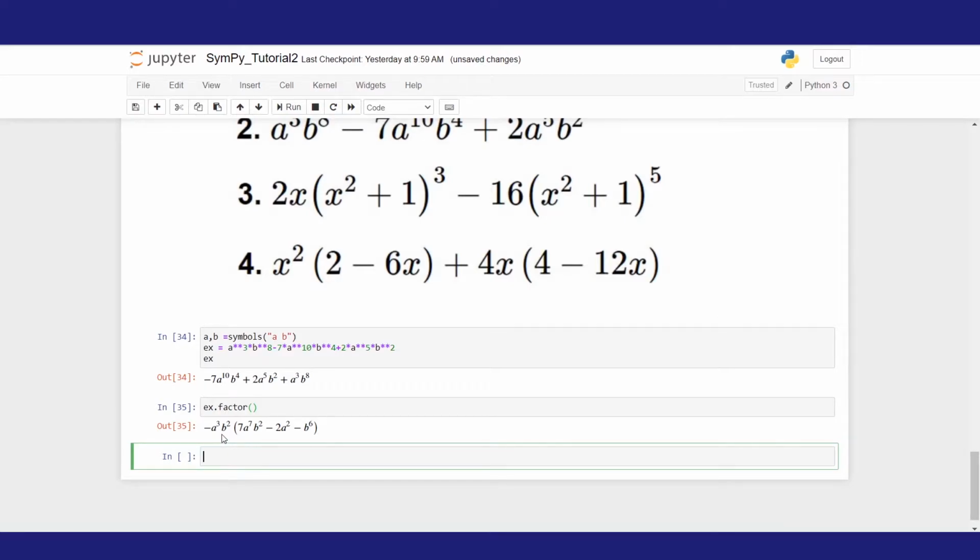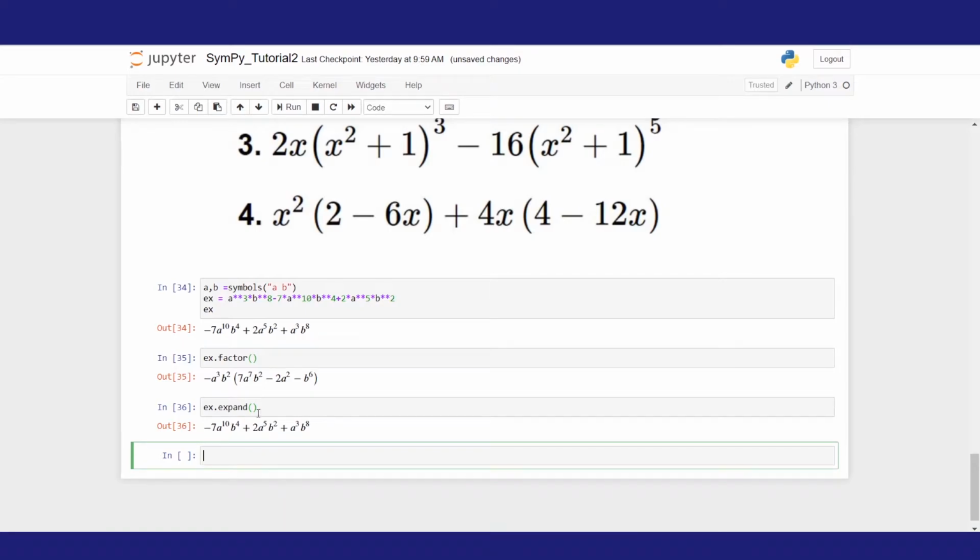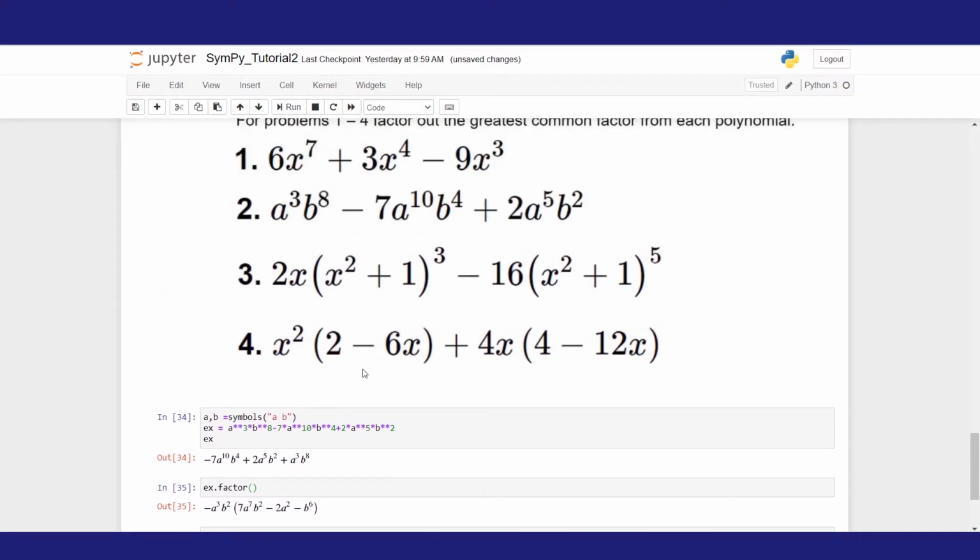This simply pulls out minus a cubed b cubed, which is the common factor you can get out of that expression, and the rest remains inside. And if I were to just expand, let's see what it would give us. I don't think it will go much further than that.